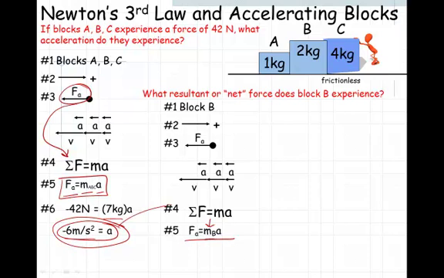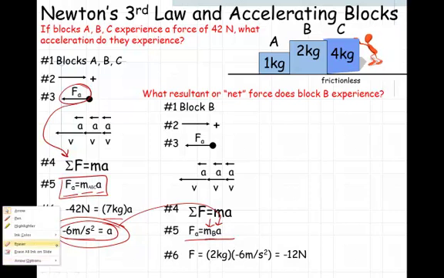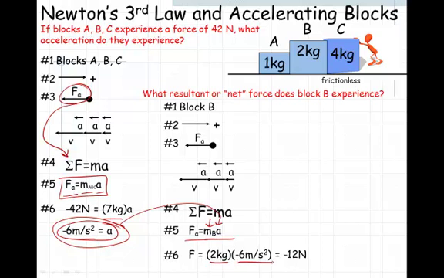So that's the value we'll plug into that equation. So we plug in block B as our value, and we know that the acceleration is negative 6 meters per second squared, so we get a net force or a resultant force on block B of negative 12 newtons.